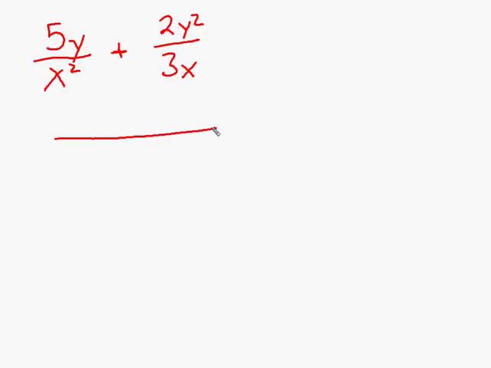All right, so let's say I have something a little bit more complicated. Something like this, perhaps. I do it the same way. I need a common denominator. Now I see how many x's do I have on the leftmost fraction? 2.